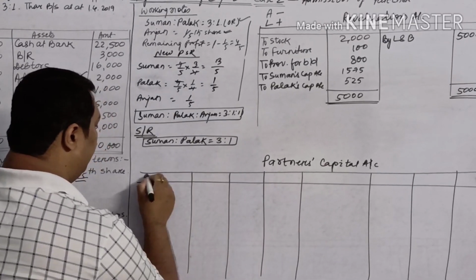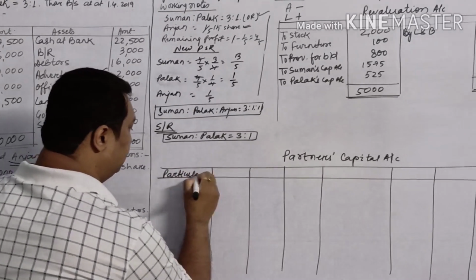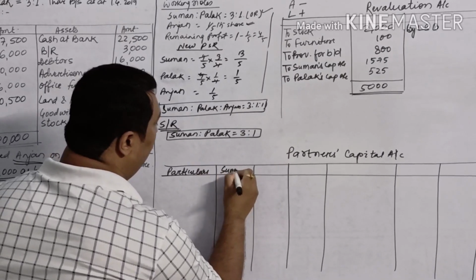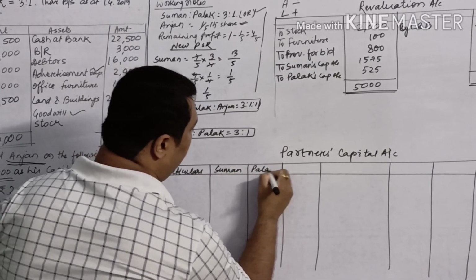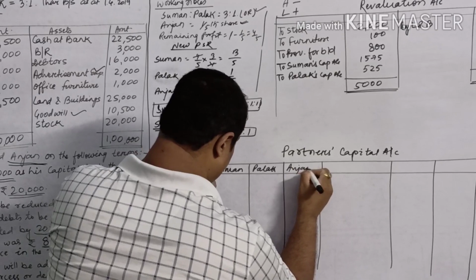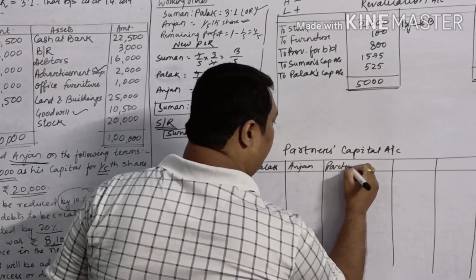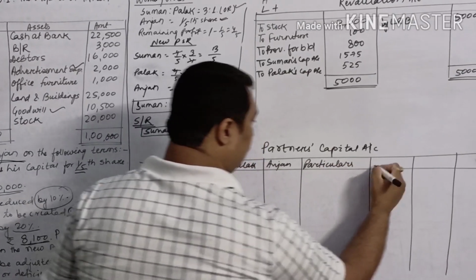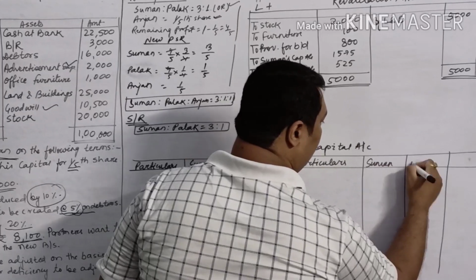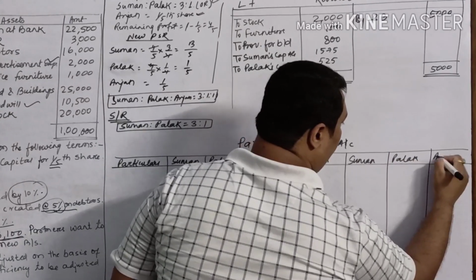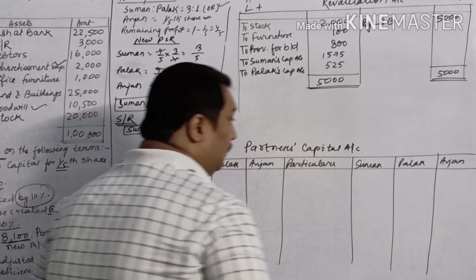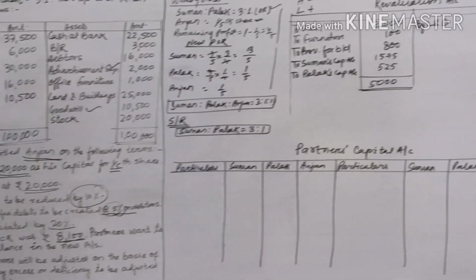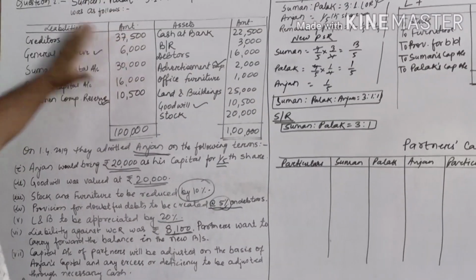This is for particulars, Suman, Palak, Anjan, particulars, Suman, Palak and Anjan. Now children, since it is a partner's capital, we'll begin our discussion from the very beginning.